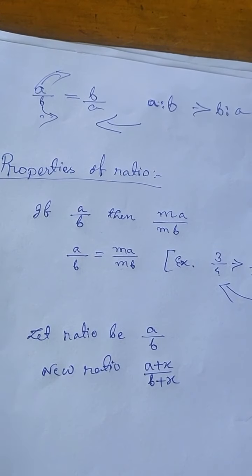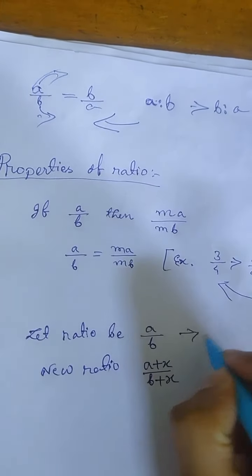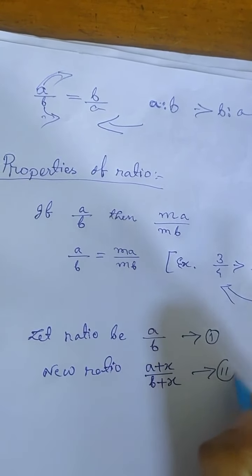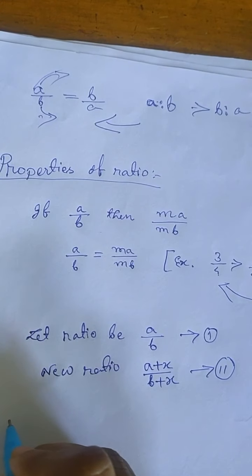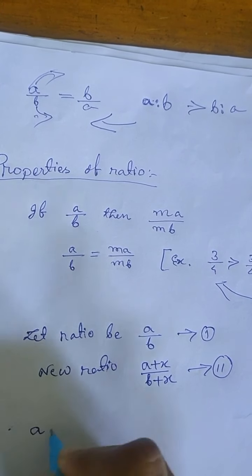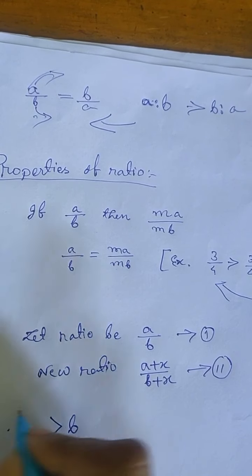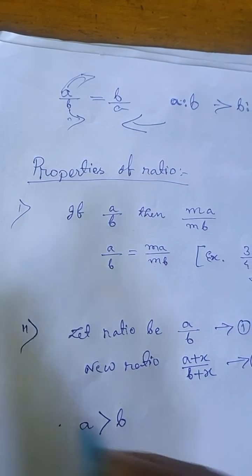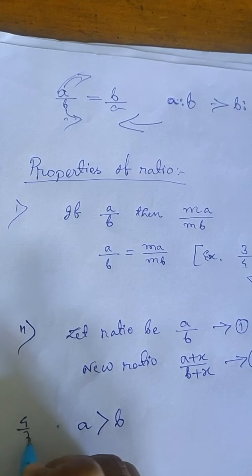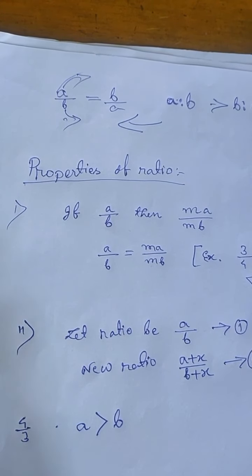Now, what it says is that if it is of greater inequality, if the original ratio was like this, A is greater than B, like 4 by 3, the upper one is greater than the lower one.